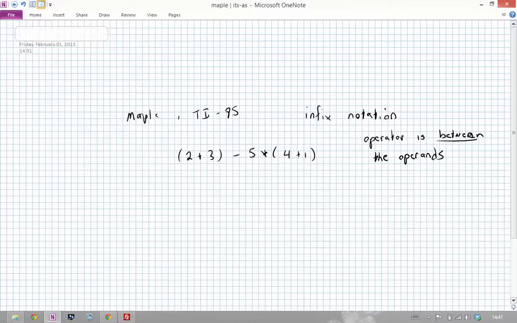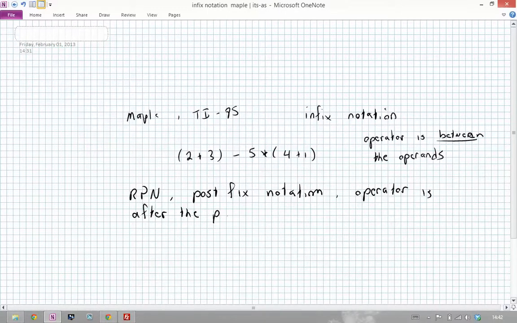So the plus sign is between the two things that it's adding, 2 and 3. The minus sign is between the two things that it's subtracting, this expression on the left and this expression on the right. RPN, or postfix notation, the operator is after the pair of operands.